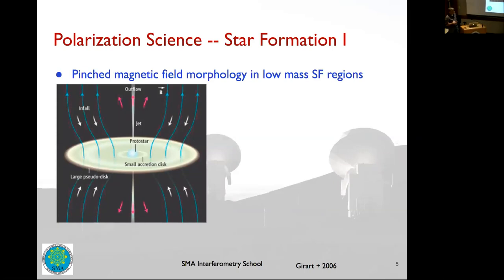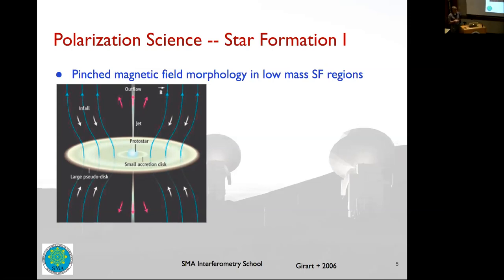It's not really a proper disc, but a large, flattened structure. The magnetic fields only directly impact the ionized or charged particles, and the neutral particles can actually slip through the magnetic field. Eventually the magnetic field starts to get pinched, and you get this hourglass morphology of the magnetic field.